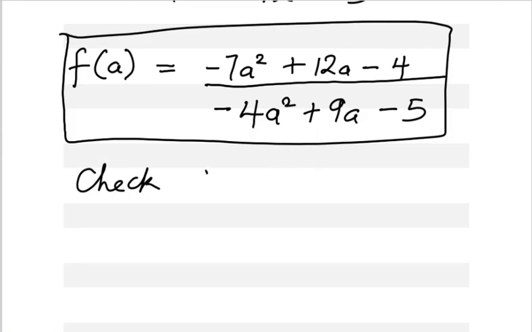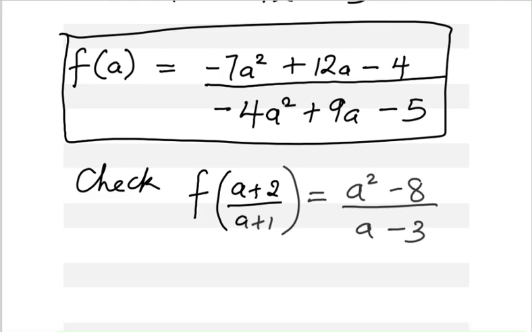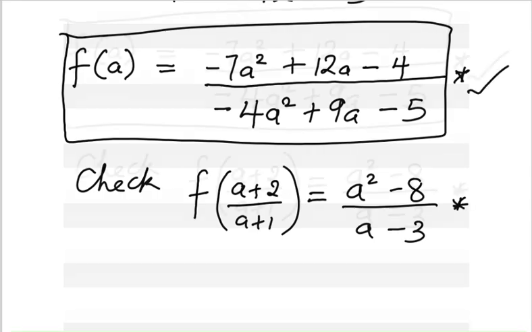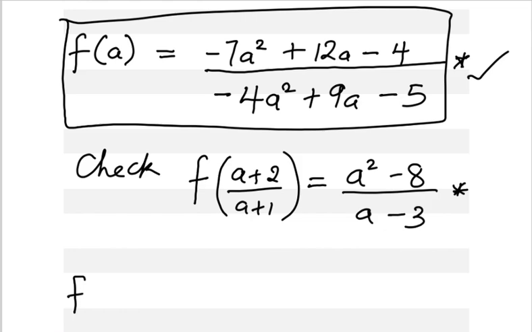Initially, we were given this function. We're going to test our new function against our initial function to make sure that this is really correct. To do the check, we're going to find f of 0 using the initial function and our final function, and find out if we get the same value.